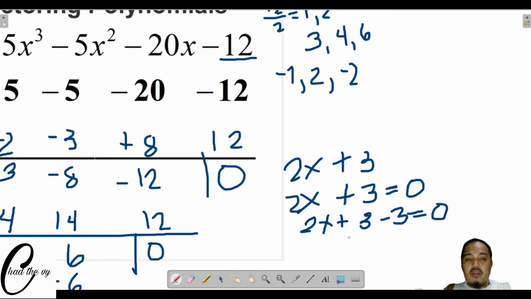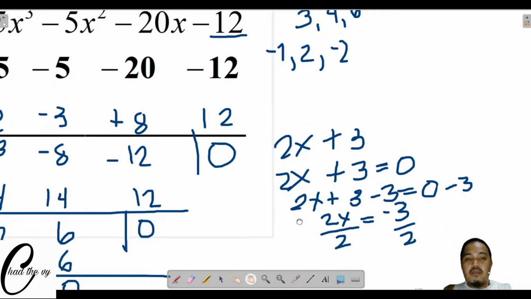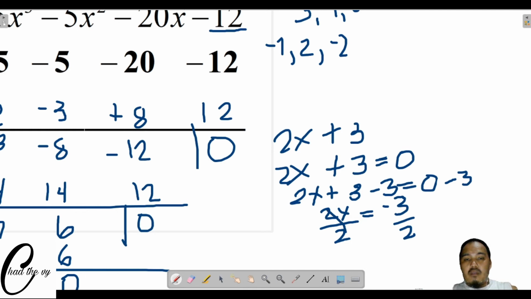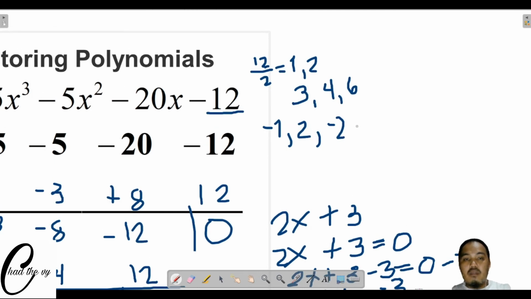Then, so syempre, 2x, naglagay tayo doon ng negative 3, mag-add din tayo doon. So 2x is equal to negative 3 over 2. 3 po yun. So now cancel 2, then x is equal to negative 3 over 2 as the root.